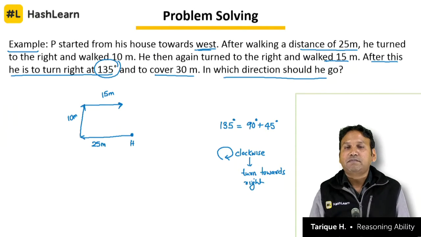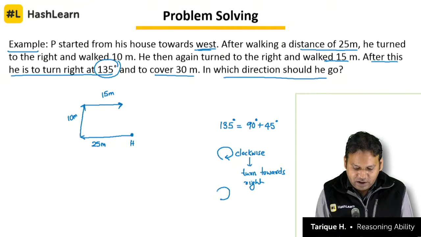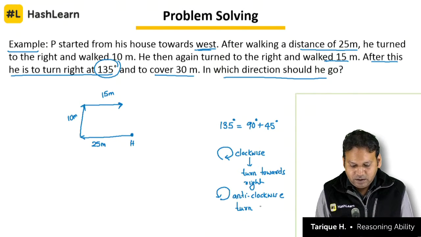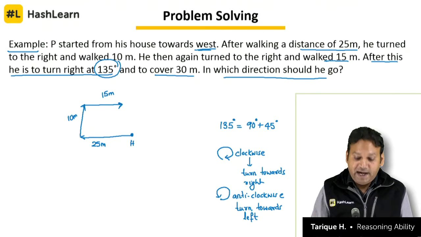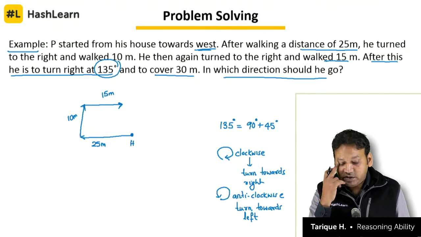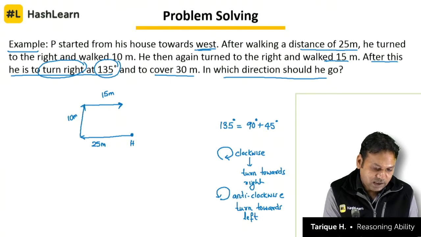Wherever you are, if you turn clockwise you turn towards your right, and if you turn anti-clockwise you turn towards your left. Now he is to turn right, that means clockwise, at 135 degrees.